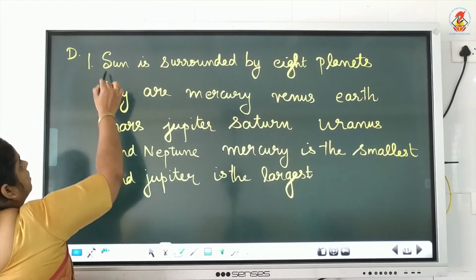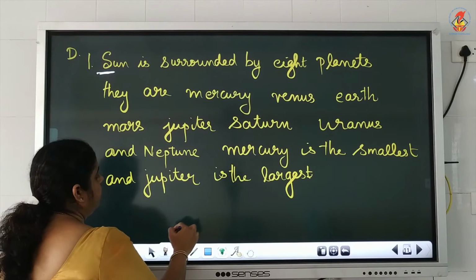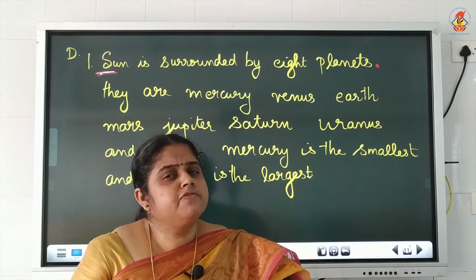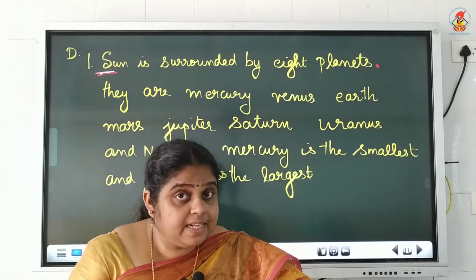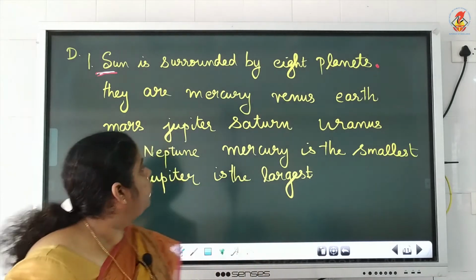So, the first one, Sun, S should be capital. Then, is surrounded by 8 planets. The sentence is over, so you have to put the full stop there. Then, they are Mercury, Venus, Earth, Mars, Jupiter, Saturn, Uranus and Neptune. The names of planets should start with capital letters, and after each planet's name, you have to put a comma also.